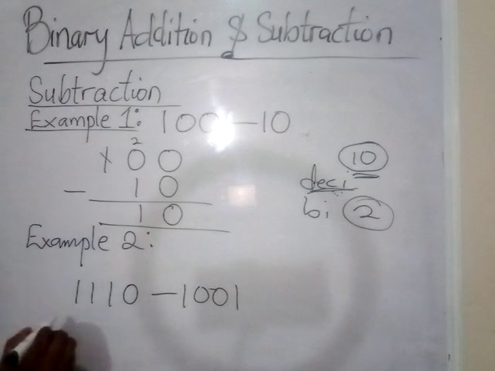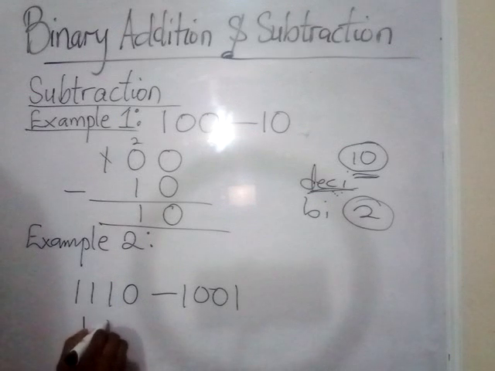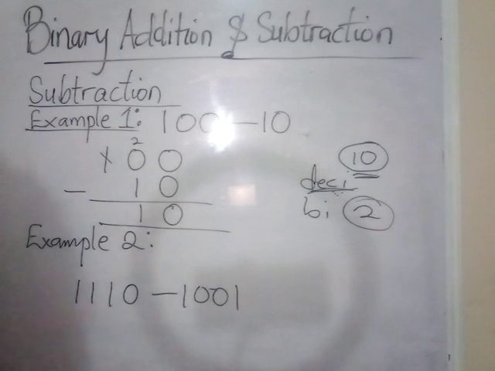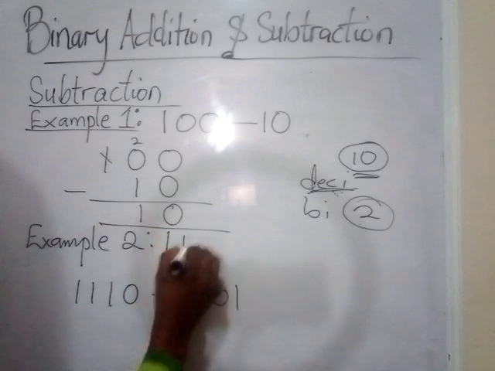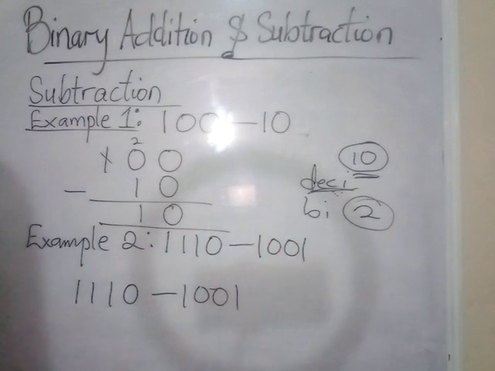Okay, let's try and do this subtraction. We still have space. Let's take this up a bit. So example 2 is 1110 minus 1001. Okay, so let's do arrangements.